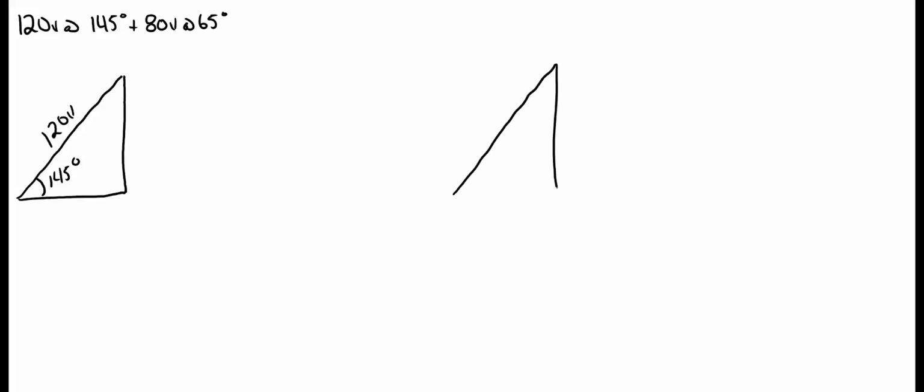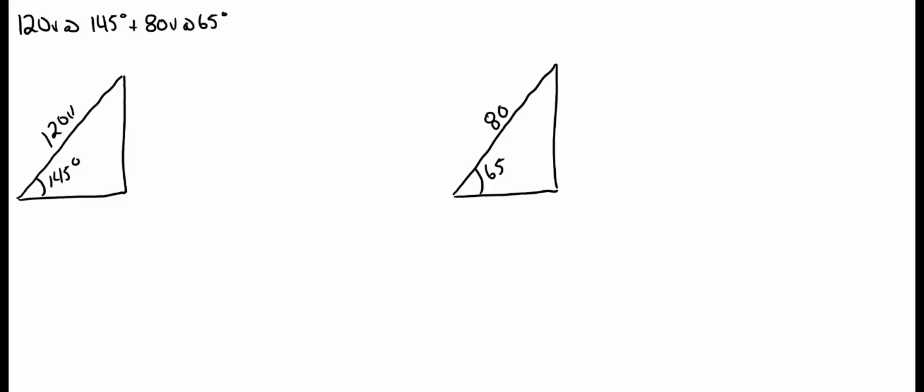Step number 1, we need to draw both of these phasors onto triangles. Phasor A, so our hypotenuse would be 120 volts. Our angle would be 145 degrees. Phasor B would have a hypotenuse of 80 and an angle of 65.